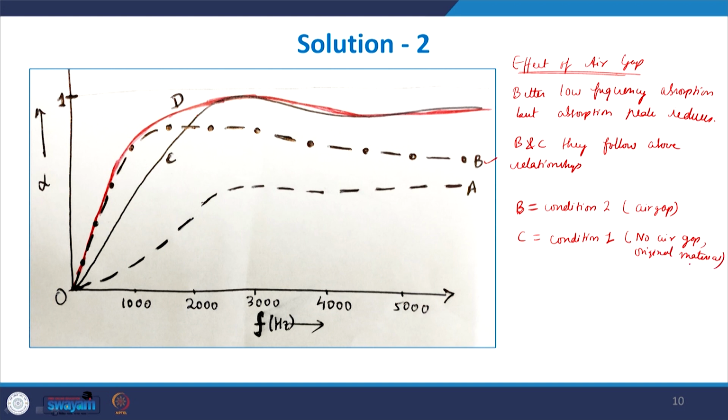So only these two graphs follow this kind of a relationship. So by default we are left with graph D, which should be condition 3, thickness doubles.